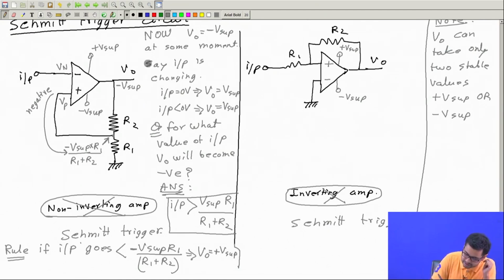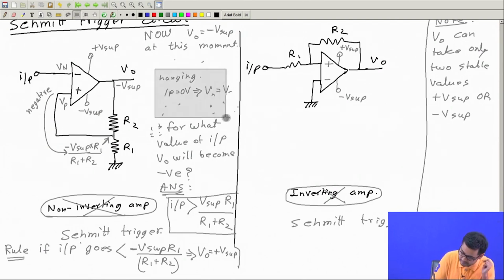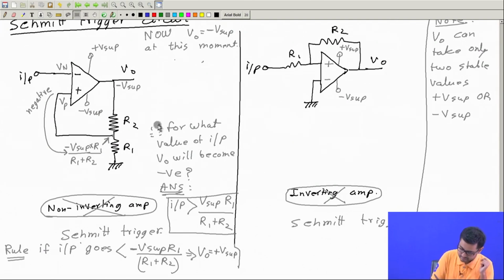So, let me erase. Let me write starting from the fact that now V o is negative V supply. So, I could ask the same question, for what value of input V o will become positive now. It is now already negative.